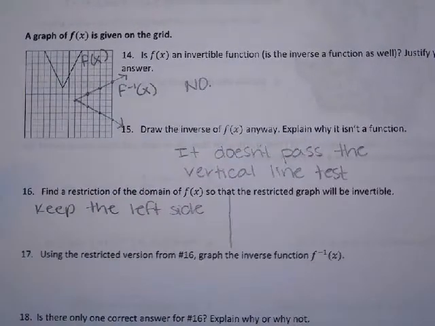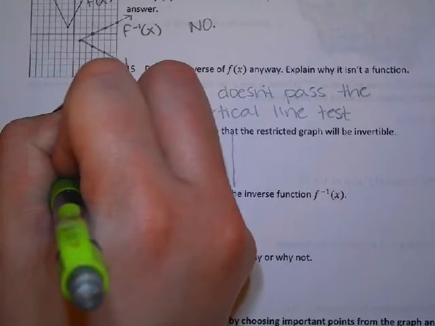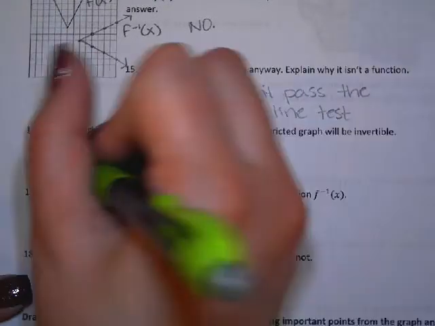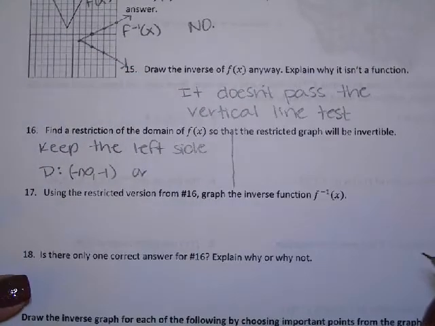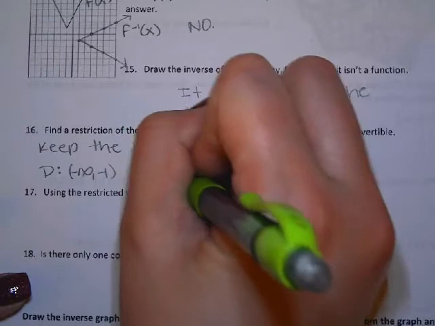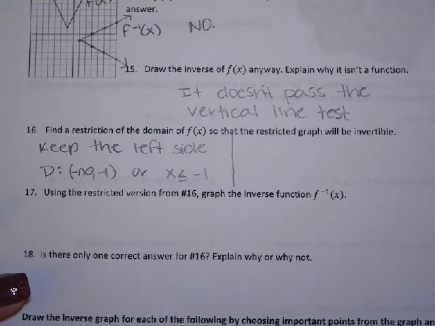We'll go ahead and do both options. If we want to keep the left side, then we would say that our restricted domain would be -infinity to -1, or if you were writing this as an inequality, you could say x is less than or equal to -1. That would keep the left side.